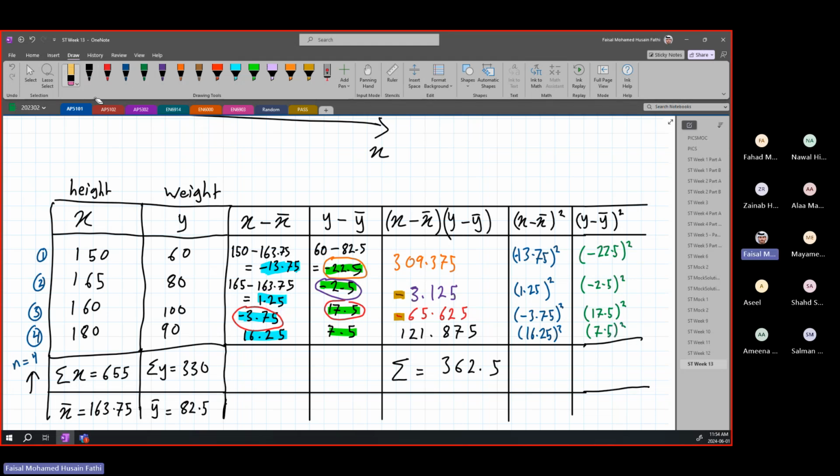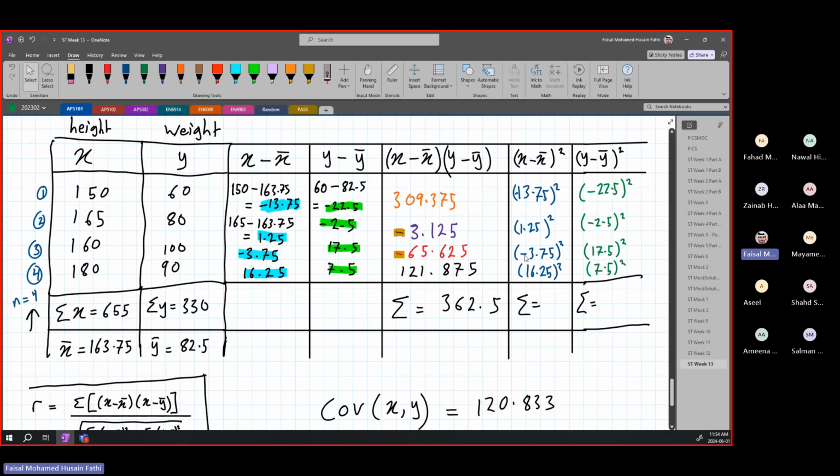All right. So you're just taking these values over here and you are squaring them. And once you square them, you're going to find the summation of them all. So you're going to be adding all of them. So let's do that. So we have negative 13.75 squared plus 1.25 squared plus negative 3.75 squared plus 16.25 squared, which is 468.75.